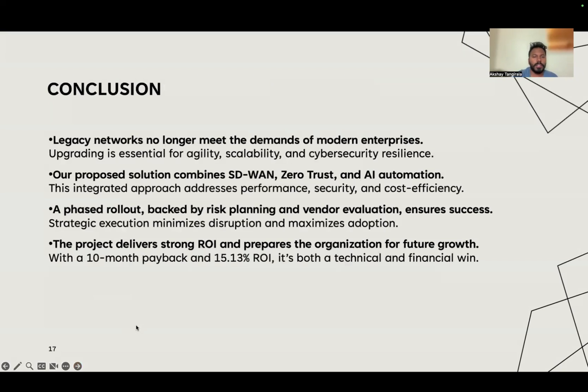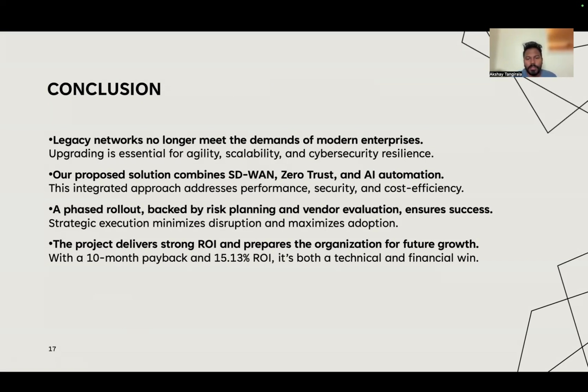Coming to the conclusion, legacy networks no longer meet the demands of modern enterprises. And to conclude, modernizing enterprise networks with SD-WAN, Zero Trust, and AI automation is not just a tech initiative.